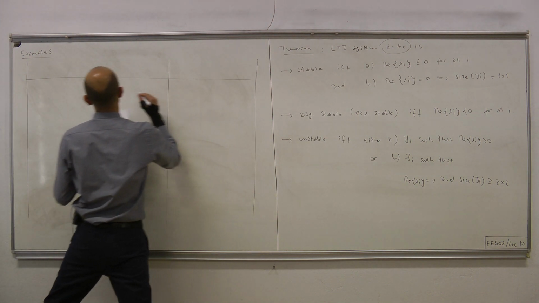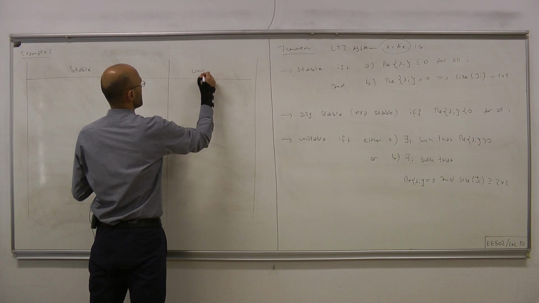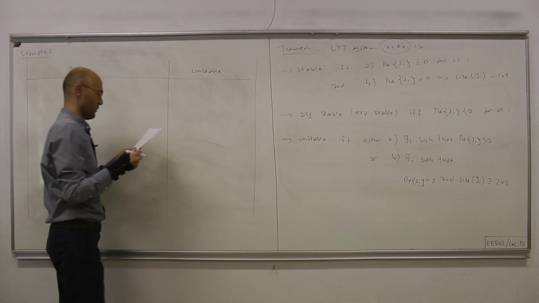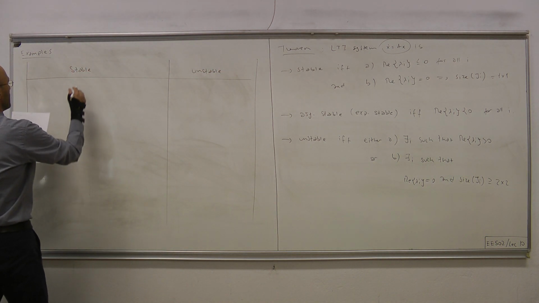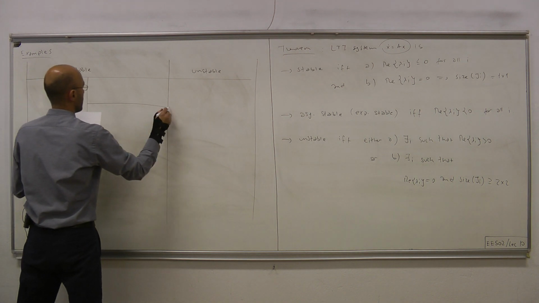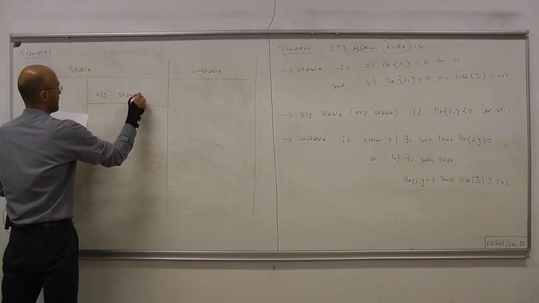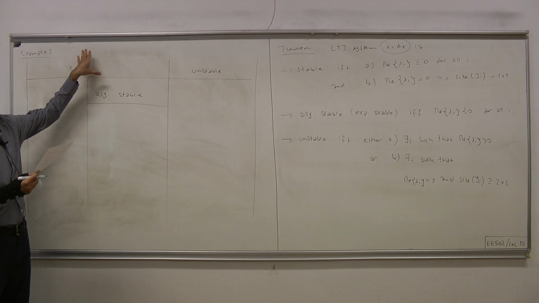Let this column be unstable, and here we have an asymptotically stable column that's automatically also stable.